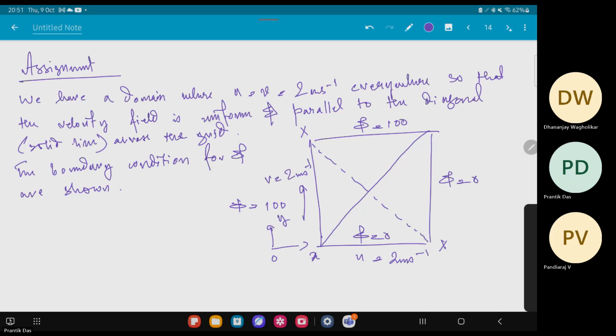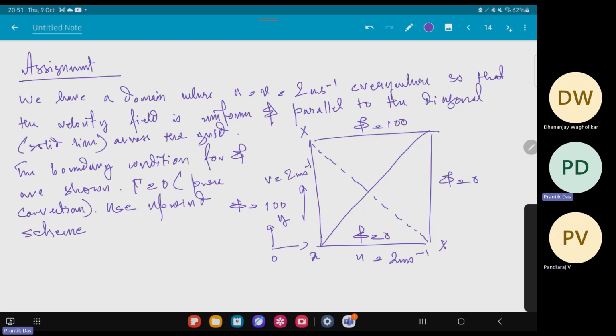It is pure convection, so gamma is equal to 0, and use the upwind scheme.